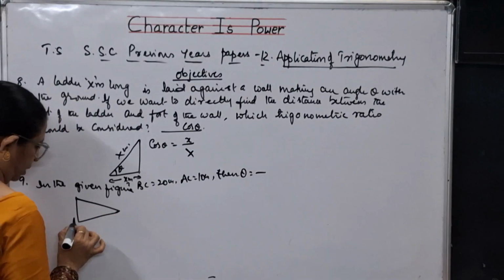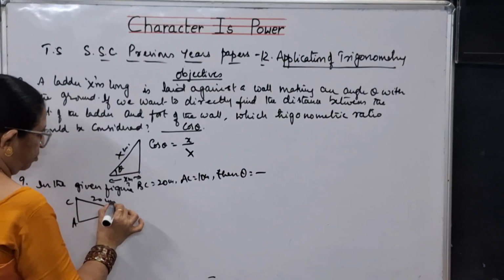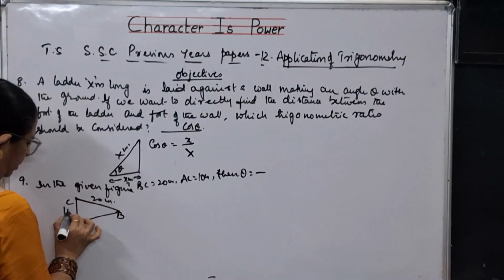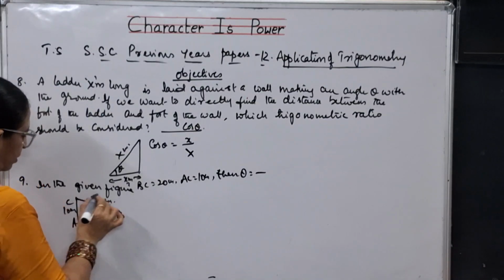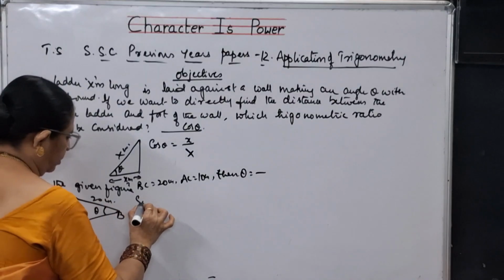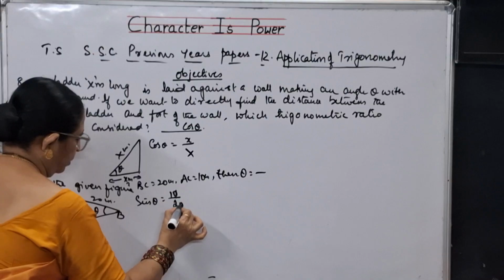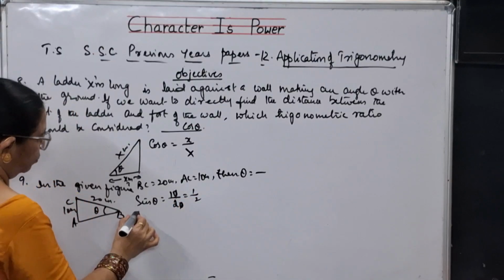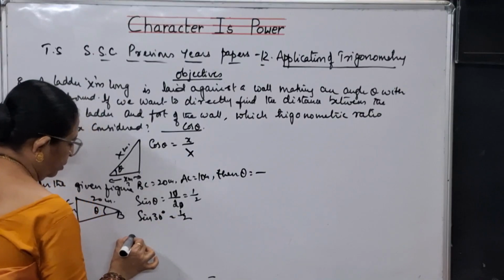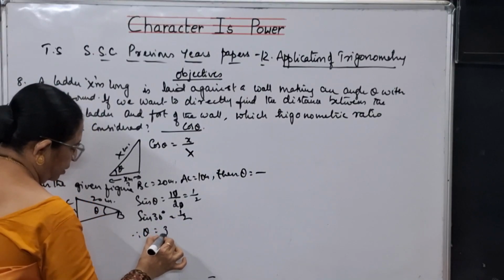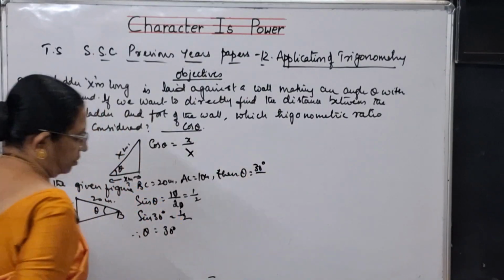Here A, B, C. BC is 20 meters, AC is 10 meters. This is theta. Actually what is this theta? Opposite side by hypotenuse. So sin theta is 10 by 20, so this is 1 by 2. We know that sin 30 degrees is equal to 1 by 2. Therefore theta is 30 degrees. So the answer is 30 degrees.